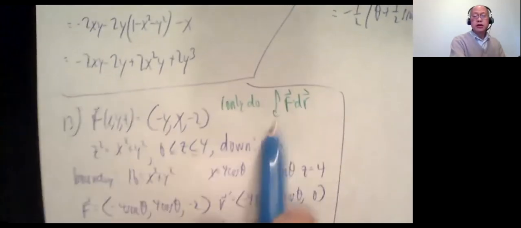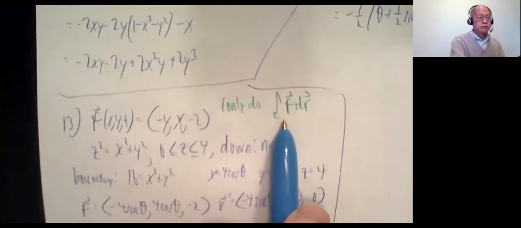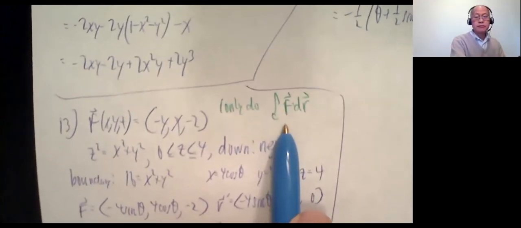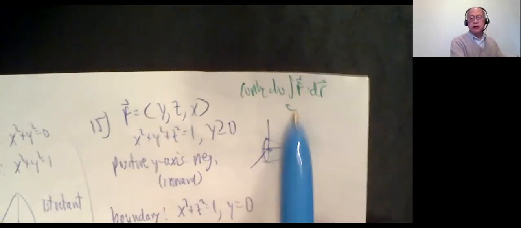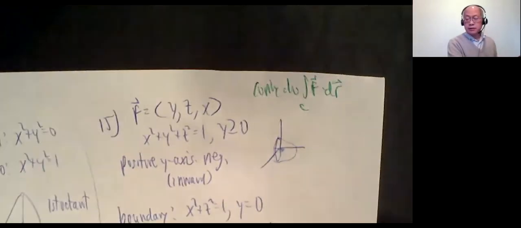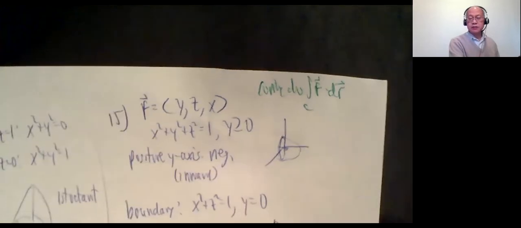So I decided to change it for you. Here are my new directions. For 13, only do the integral of F dot dr. For 15, only do the integral of F dot dr. It's easier.